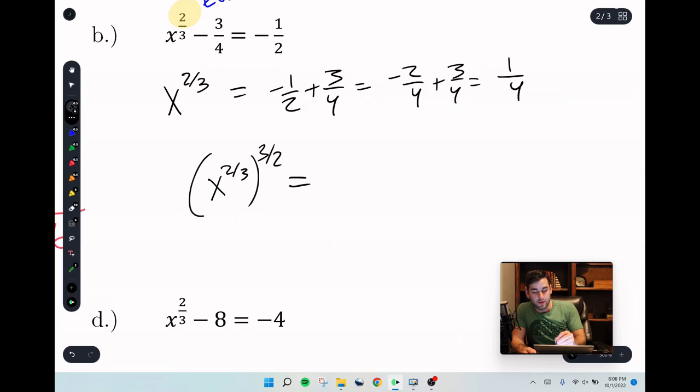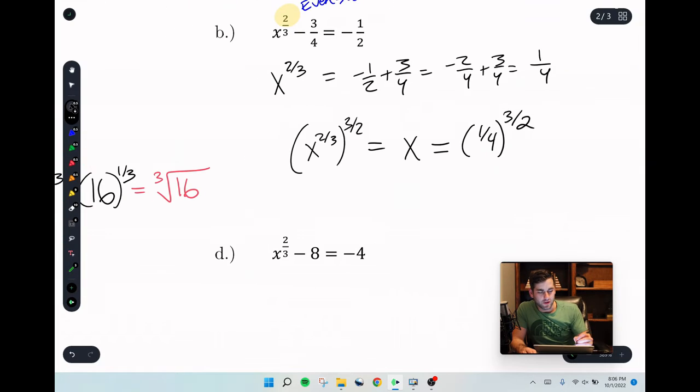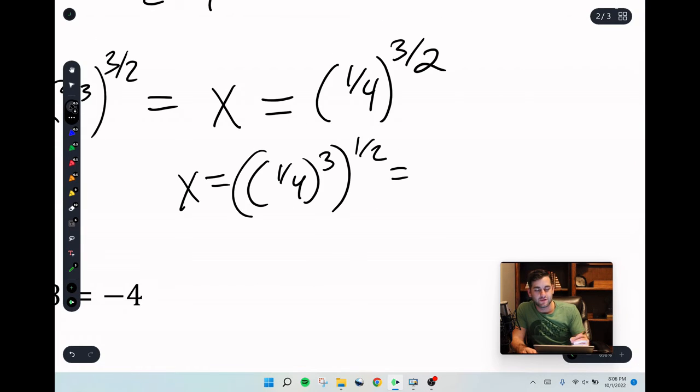So that equals x, which is equal to 1/4 with the same power raised. Remember, we do the inside of the function, let's do 3, and then outside of the function, let's do the cube root, or the square root this time. So 4 times 4 is 16, times 4 is 64.